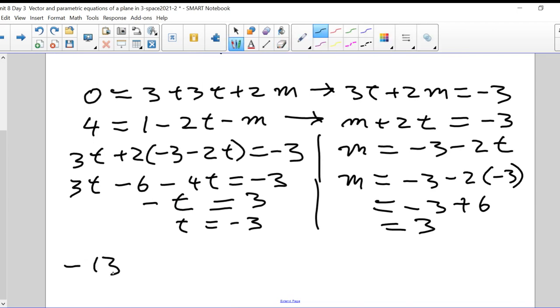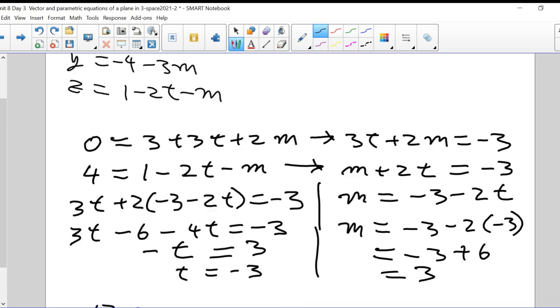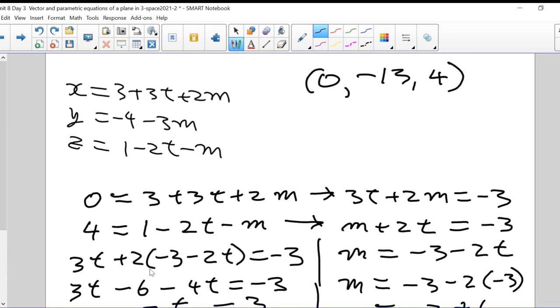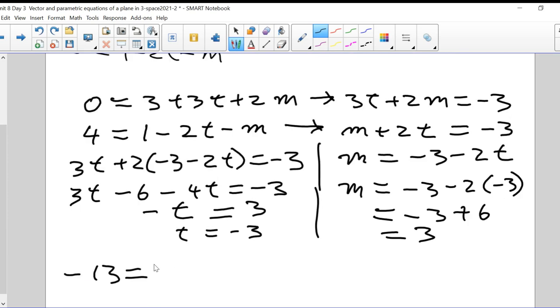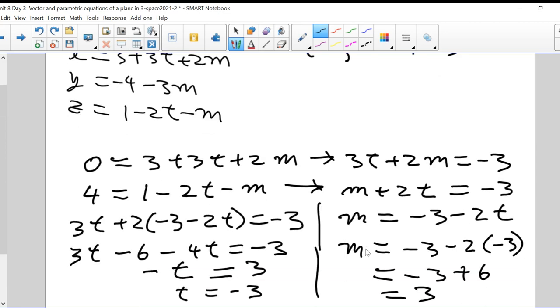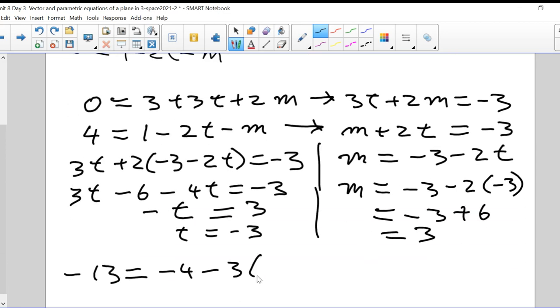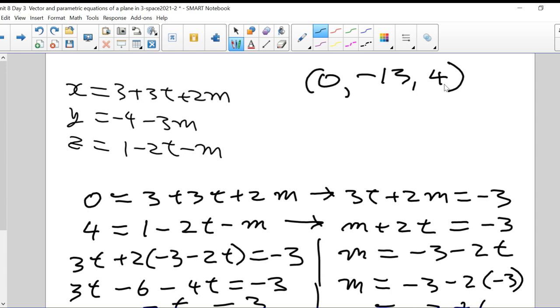So minus 13 should be equal to minus 4 minus 3 times the m, and the m was positive 3. So this checks out. All right. So in this case, this second point that we had is in fact on the line.